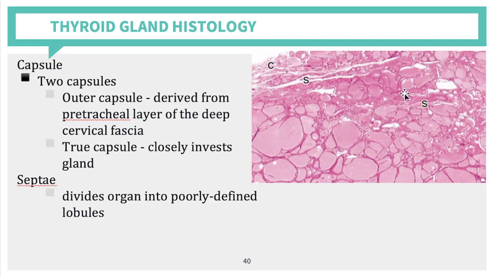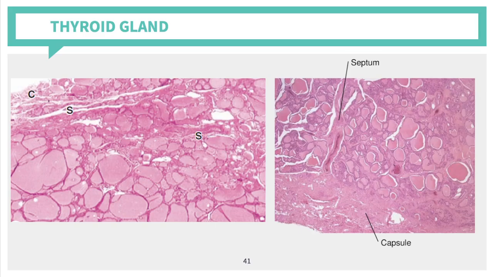This one, another lobule. It's not clearly defined, okay? So again, let's review. You have your capsule, inner capsule, outer capsule, and then you have your septae that will divide your gland into lobules, but not clearly defined.